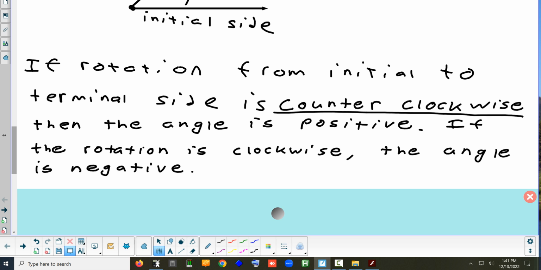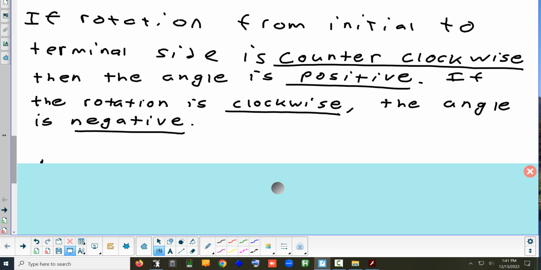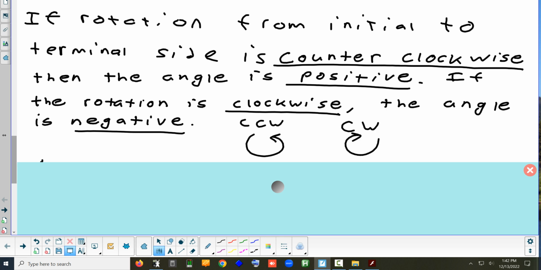So the important idea here, counterclockwise is positive, clockwise is negative. And just to make sure people know, we're going to use CCW as the abbreviation for counterclockwise. And counterclockwise is the opposite way that a clock goes. That's counterclockwise. This is clockwise.